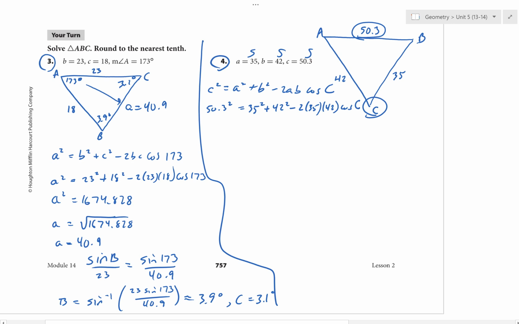Here you have to be really careful with the parentheses on your calculator and with the algebra. So we're going to have 50.3 squared minus 35 squared minus 42 squared equals negative 2 times 35 times 42 cosine C. Then we're going to divide both sides by negative 2 and 35 and 42.